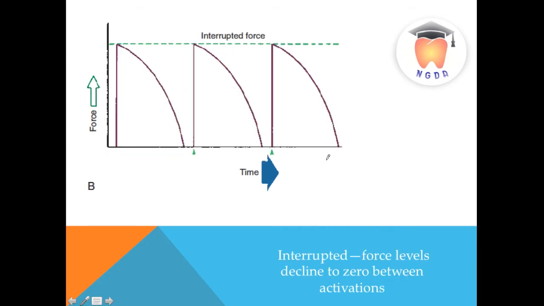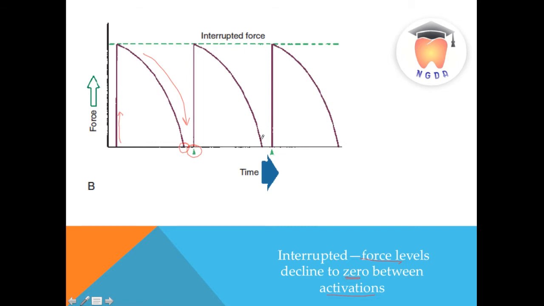Then there is the interrupted force. In interrupted force, the force level declines to zero between activations. As you can see here, the force becomes zero. When the patient comes to the orthodontist, force is applied, there is an increase in the force, and gradually it becomes zero.